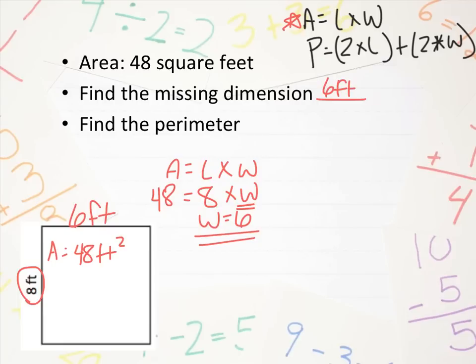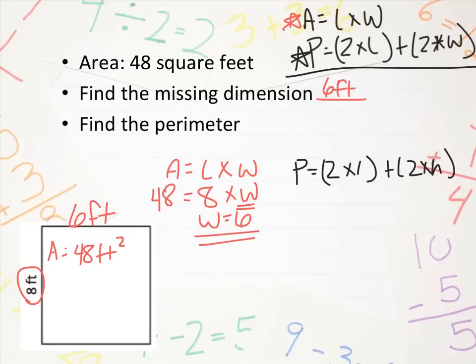Then this problem asks me to find the perimeter. Once I've found that side, I can now use the formula for perimeter to solve. Perimeter is 2 times the length plus 2 times the height. So 2 times 8 plus 2 times 6.